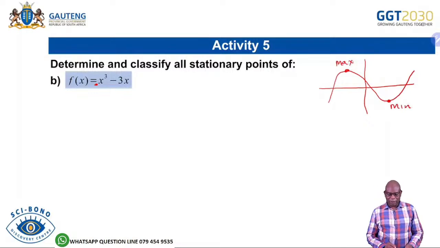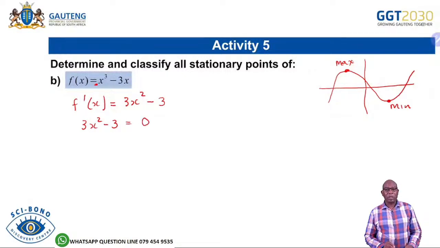How do I get a stationary point? I'm going to differentiate. So I'll get 3x squared minus 3. Then 3x squared minus 3 is our gradient, and our gradient must be equal to 0.